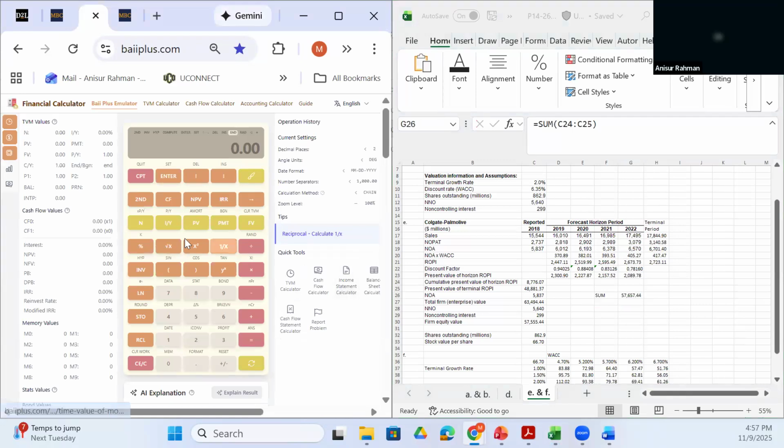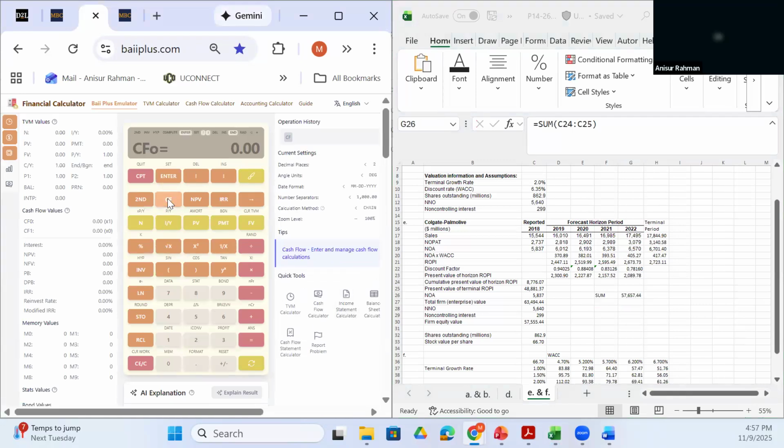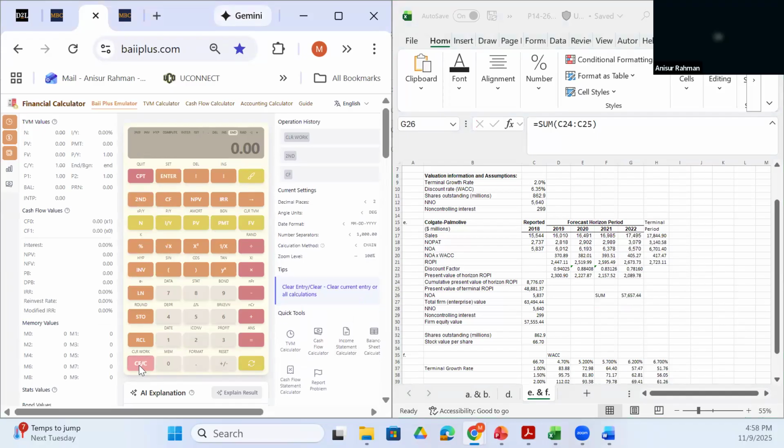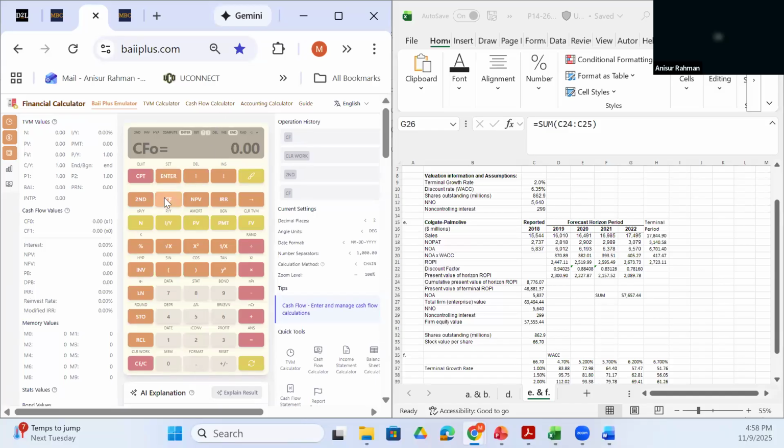As before, you are going to go to the CF function, second, CE/C to erase any existing values. Press CF again. Now I am going to ignore CF0, we don't have any value for 0. We are starting with 2019, which is 1.